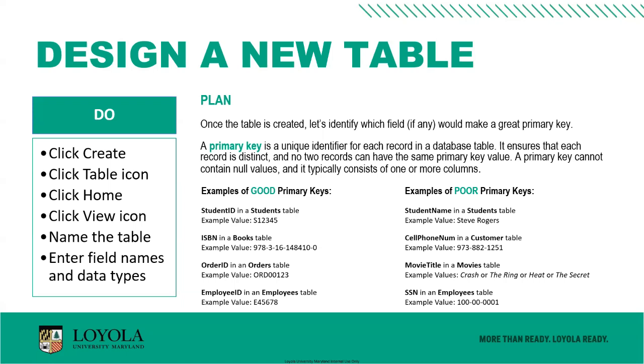In fact, it'll be assigned the primary key even before you do anything. So there's not much planning that needs to go in setting the primary key. Just understand what is a good primary key versus what is a poor primary key. And we'll discuss this in class.